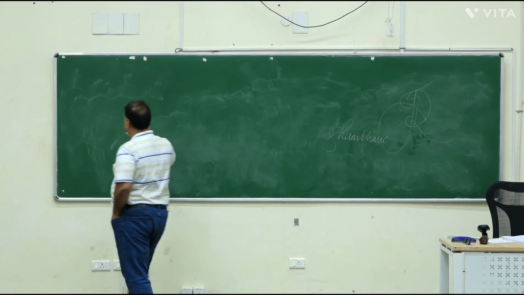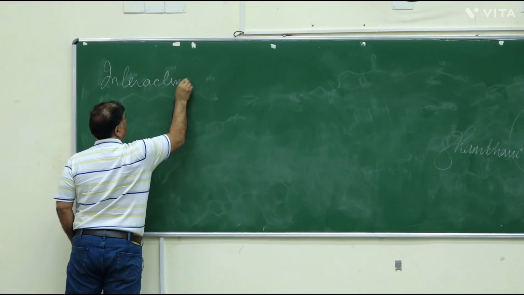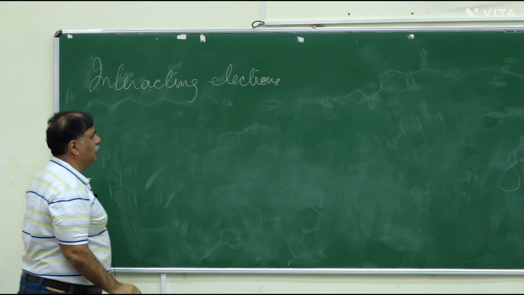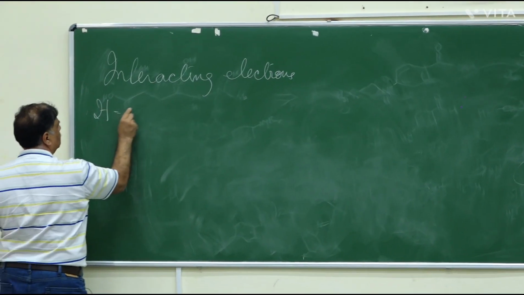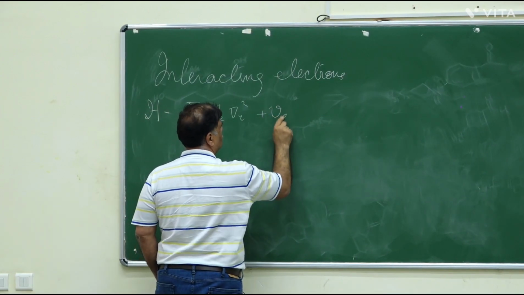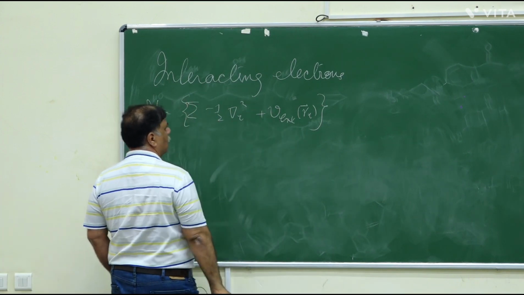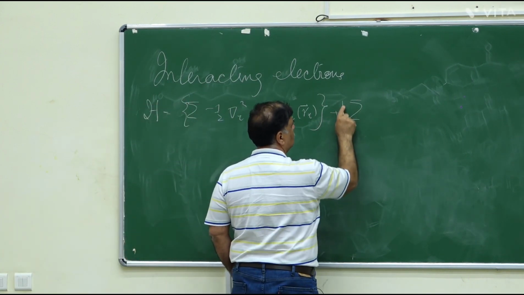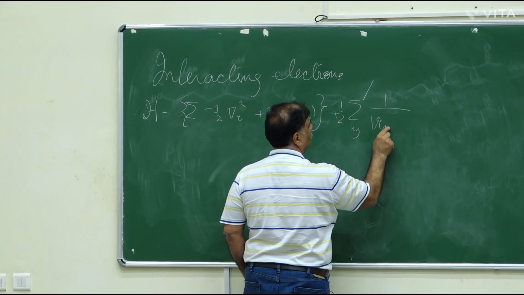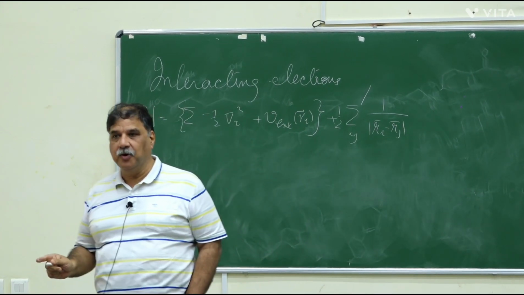Now, if we go over to interacting electrons now, I'll write the Hamiltonian once more. Plus the summation over i, j prime, prime meaning i is not equal to j, of 1 over |R_i minus R_j|. And the first thing you notice is it's not a separable Hamiltonian anymore.